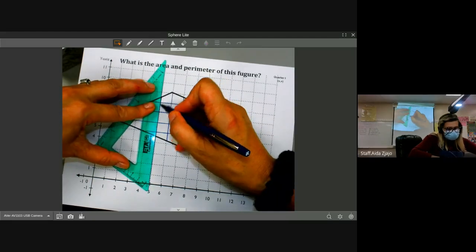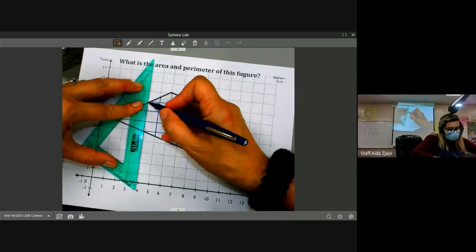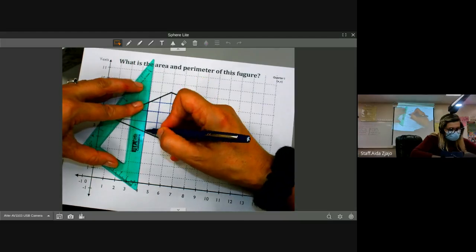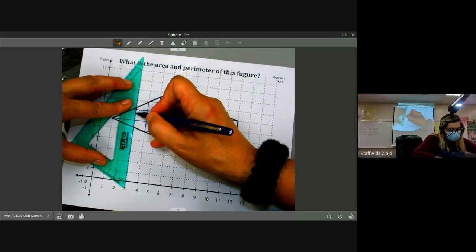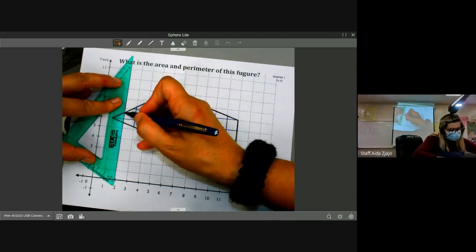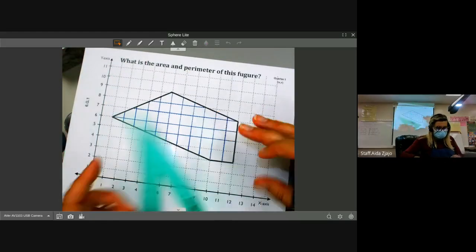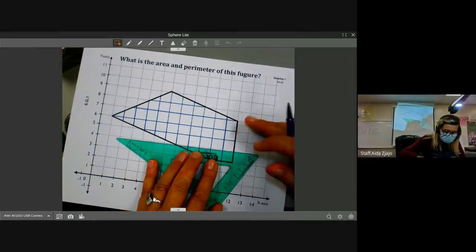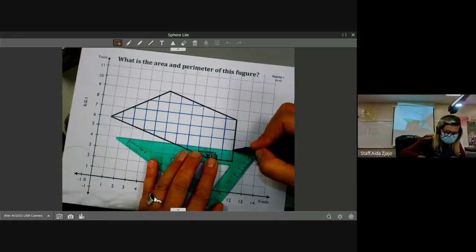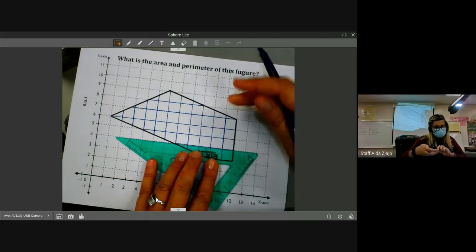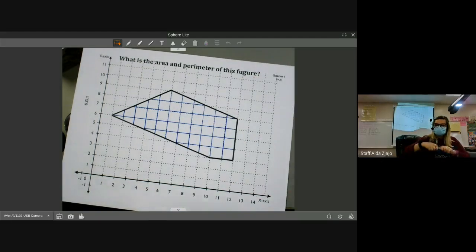I'm going to take one color, and I'm going to color all the real squares that I can find inside of the shape, because that's what we're looking for.